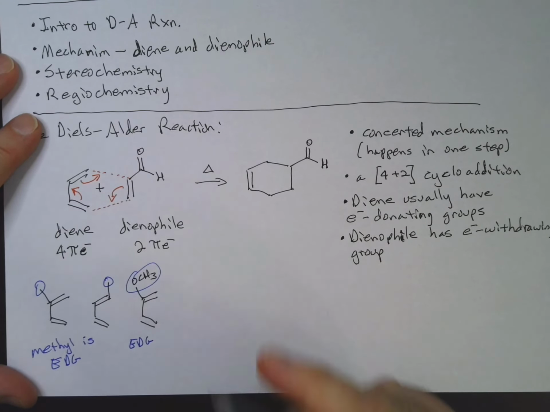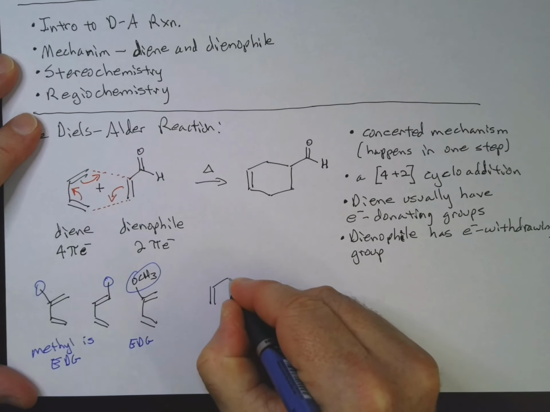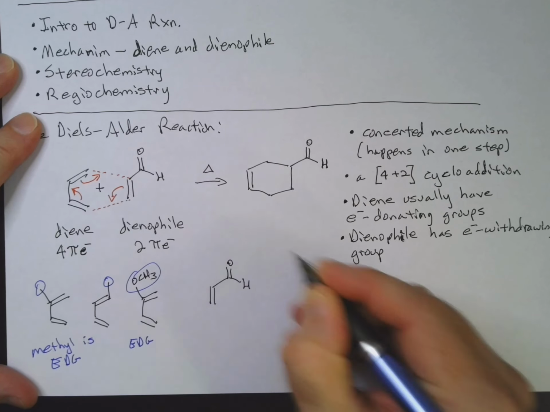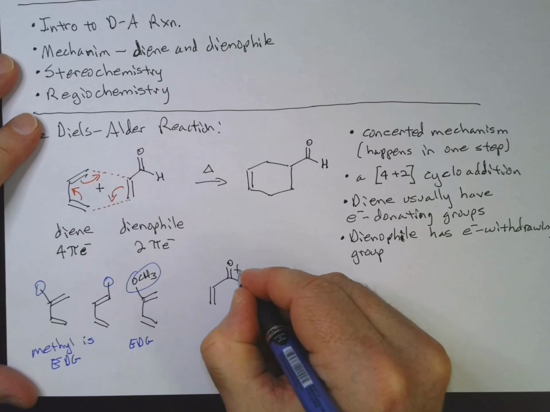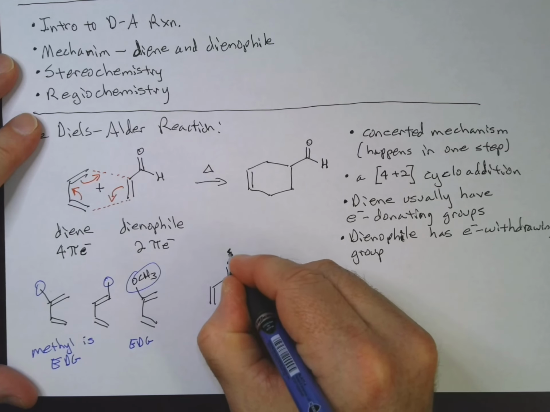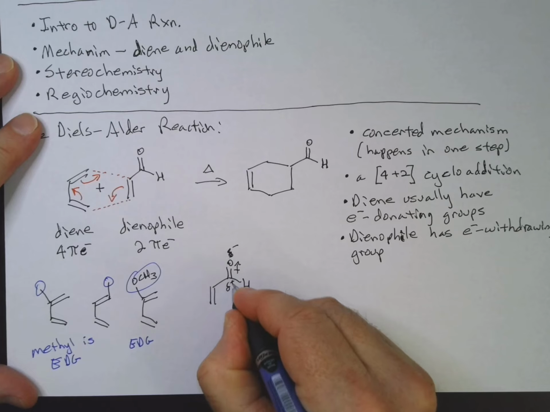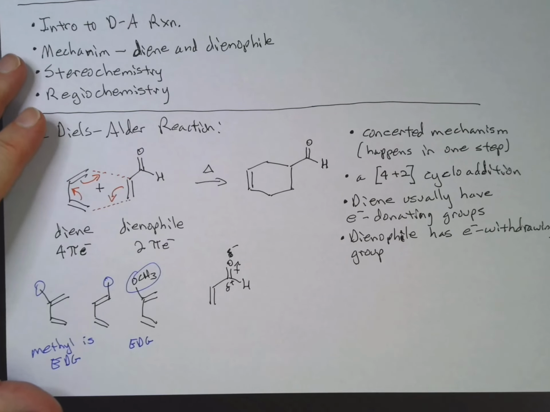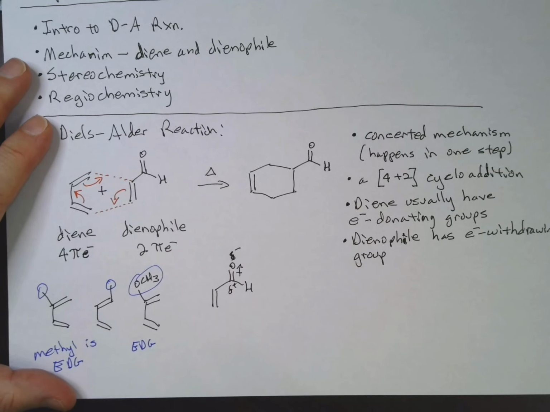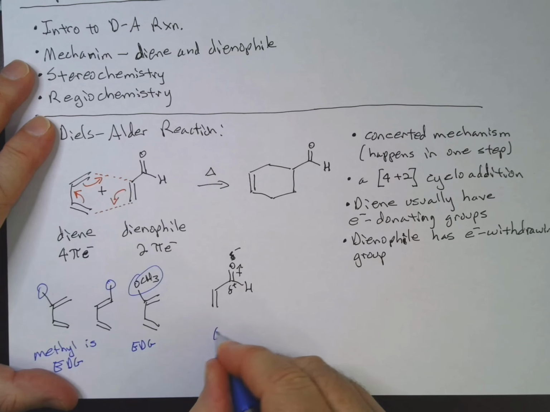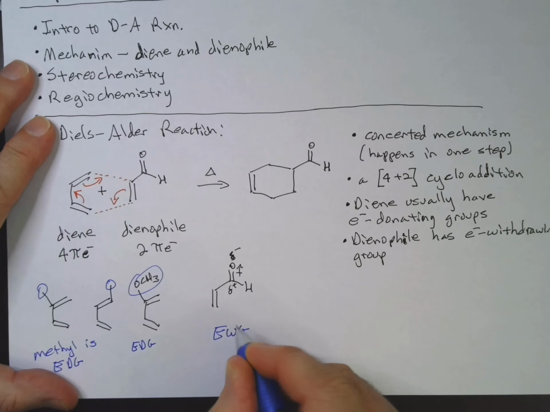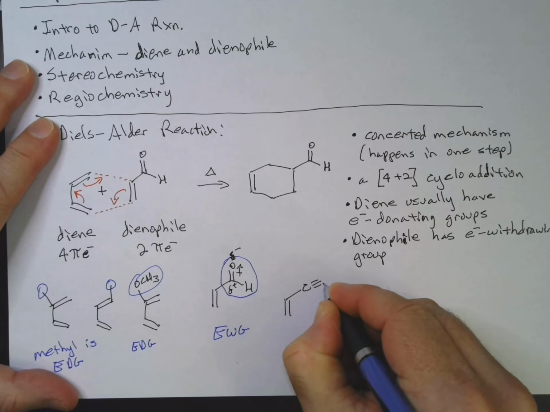An electron withdrawing group is going to be something like our carbonyl, because this is polar, so we've got a partial negative on the oxygen and a partial positive on that carbon. Electron density is pulled towards the oxygen. So this here is my EWG. Other examples could be something like CN.